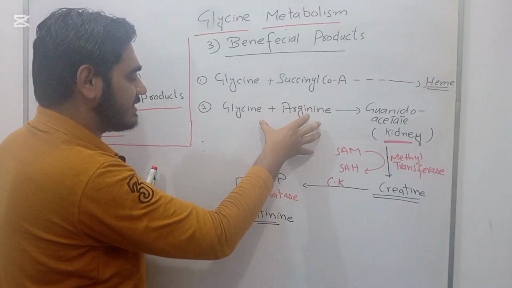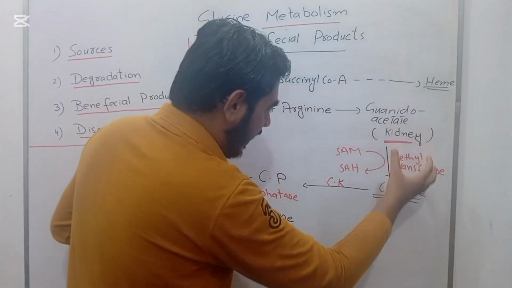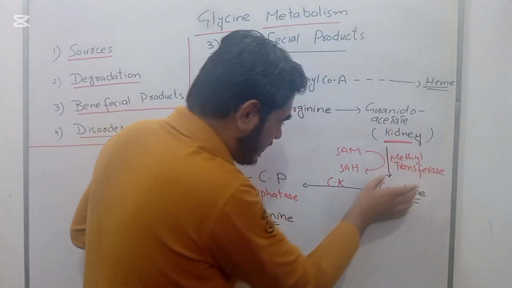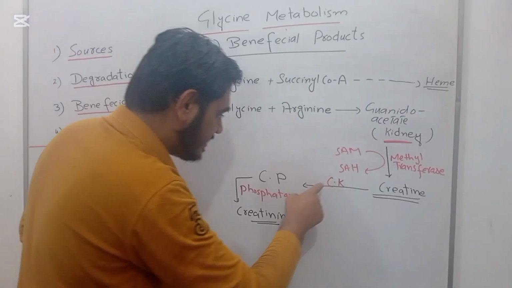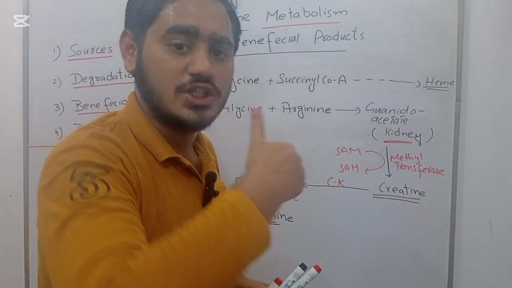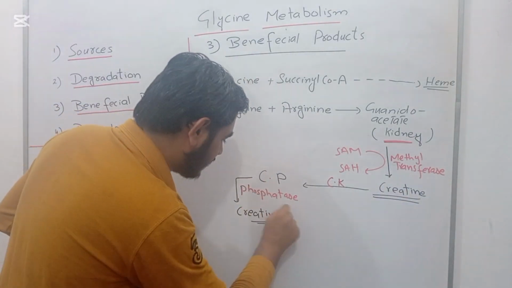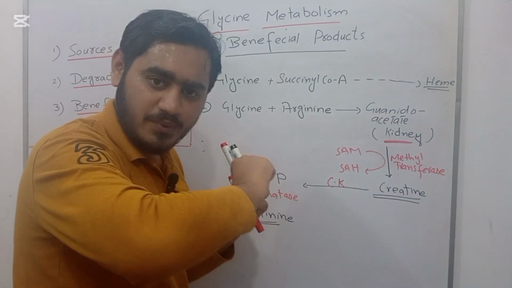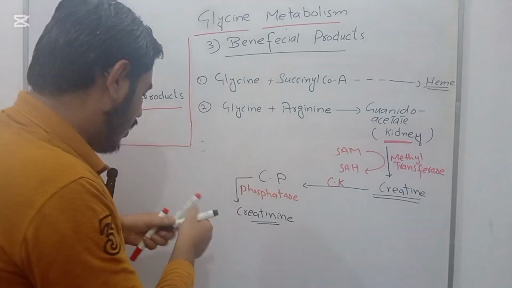Glycine gets attached with arginine and forms guanidoacetate in kidney, and by the action of methyltransferase enzyme it forms creatine. By the action of creatine kinase enzyme, kinase being responsible for phosphorylation, the addition of a phosphate group to a substrate, it forms creatine phosphate. And by the action of phosphatase enzyme, which is responsible for removal of a phosphate group from a substrate, it forms creatinine.